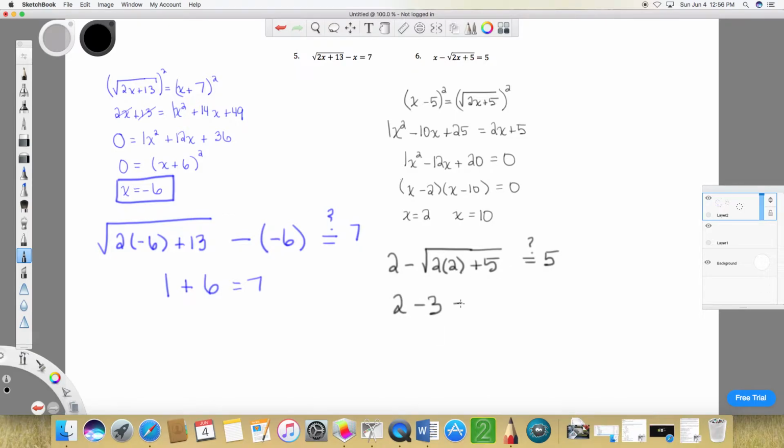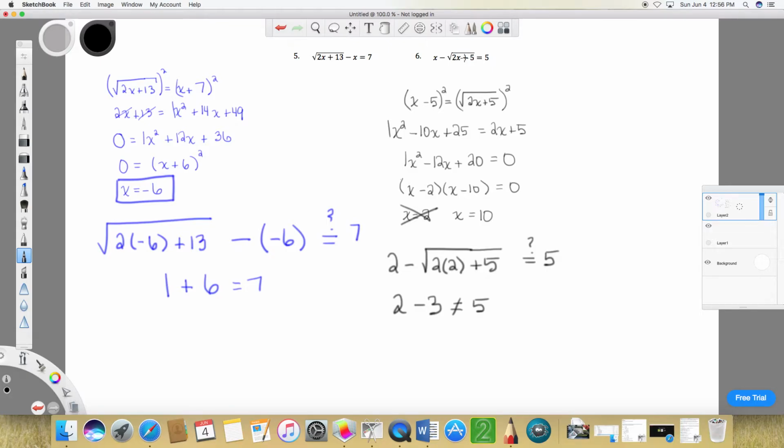And 2 minus 3 is not equal to 5. So x equals 2 is an extraneous solution. It was a solution to this quadratic equation, but when we squared both sides of the equation, x equals 2 was introduced, and it's not a solution to our original equation.